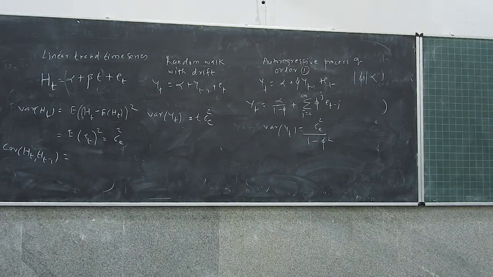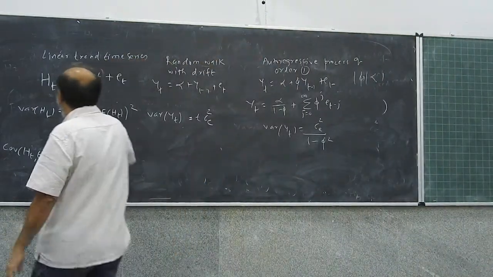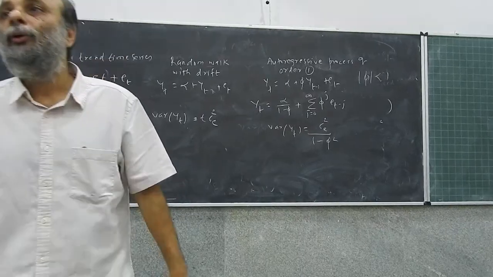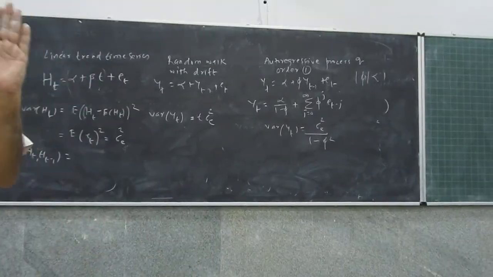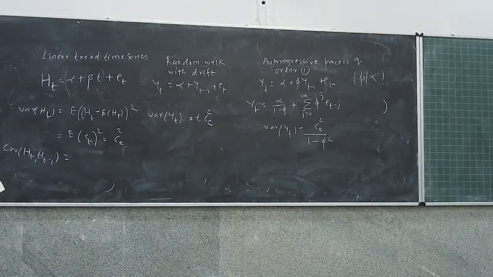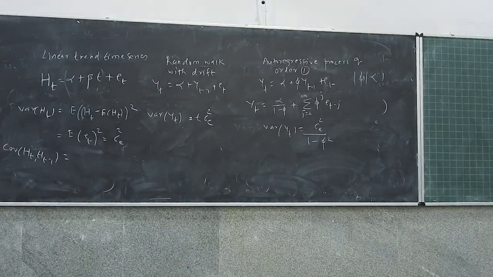So what is ht minus expectation ht? If this is ht and this is expectation ht, what is the difference between the two? E. So ht minus expectation ht is et. What would be ht minus 1 minus expectation ht minus 1? et minus 1.